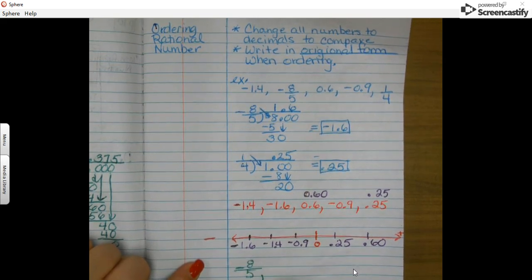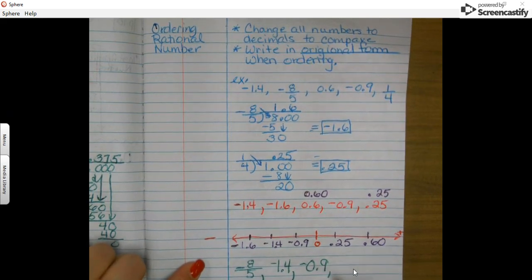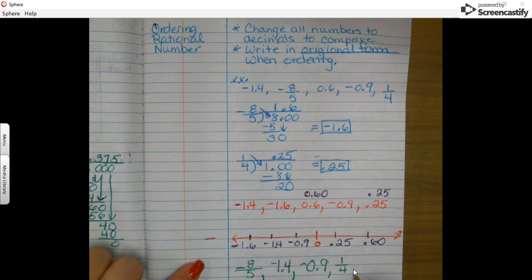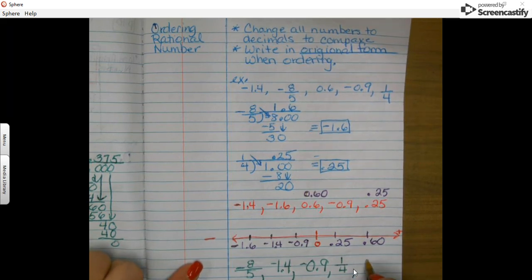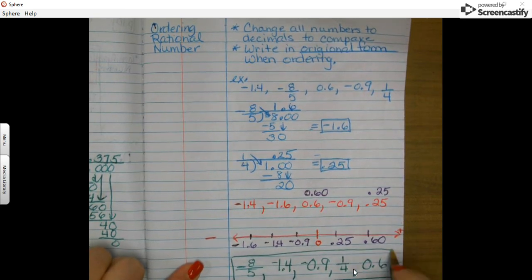The second number we have was the negative 1.4. After that, we had negative 0.9. Then we have 0.25, which was originally represented as 1/4. And then we have 0.6, which was originally 0.6. And I would box that out because that would be my final answer.